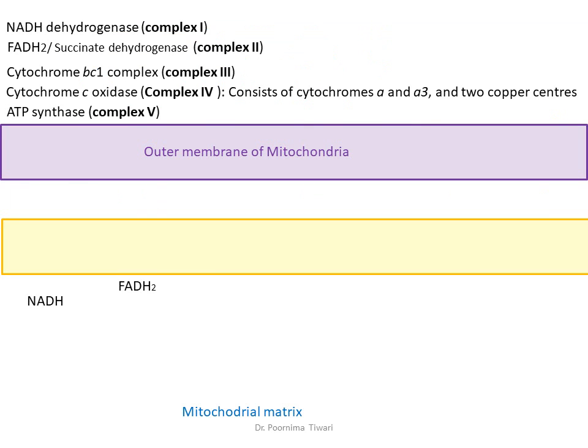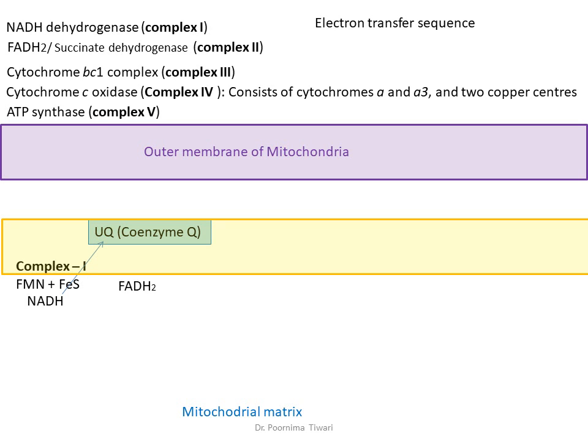So revision again, NADH electron transfer sequence: from NADH to complex 1, which gives to ubiquinone, or coenzyme Q as it is also called. H ions go into the intermembranous space. FADH2 gives to complex 2 and H ions go to the intermembranous space.